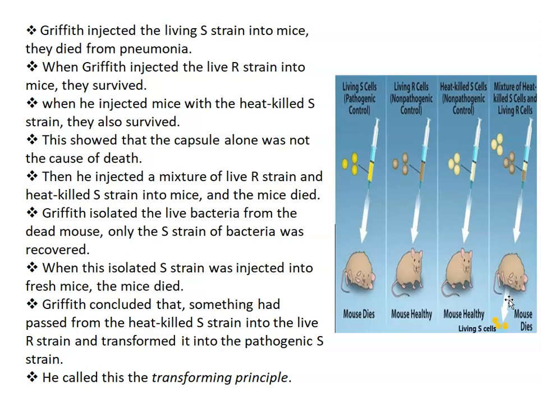This isolated S strain, Griffith then injected into fresh mice. Again, mice died. Then Griffith concluded that something had passed from heat-killed S strain into live R strain and transformed it into pathogenic S strain. He called this the transforming principle, right?